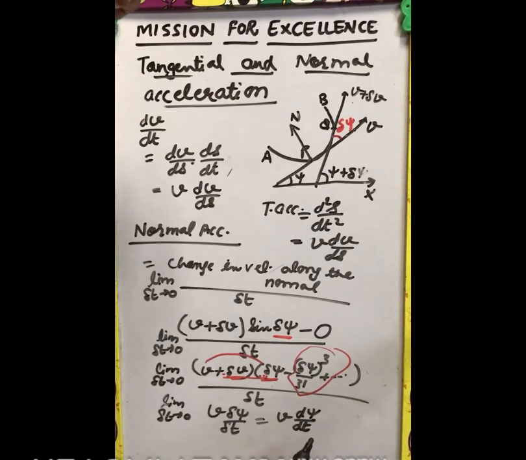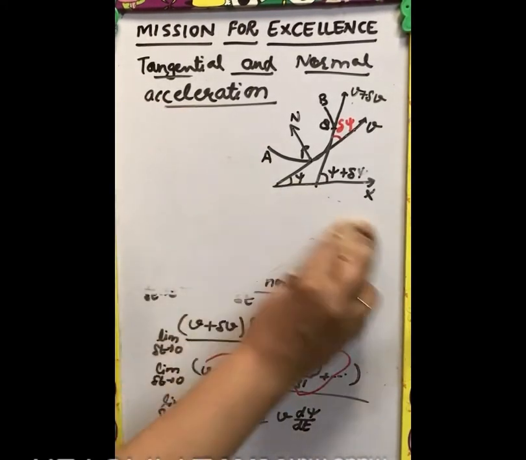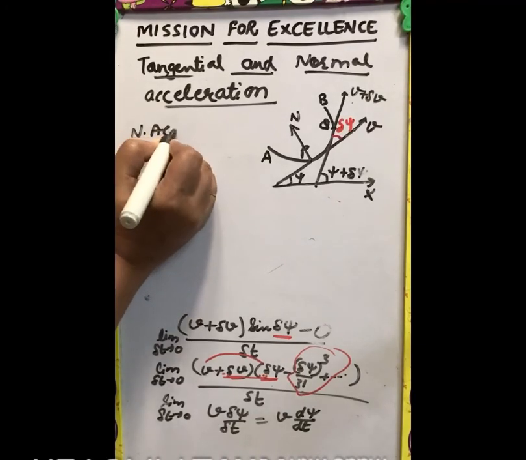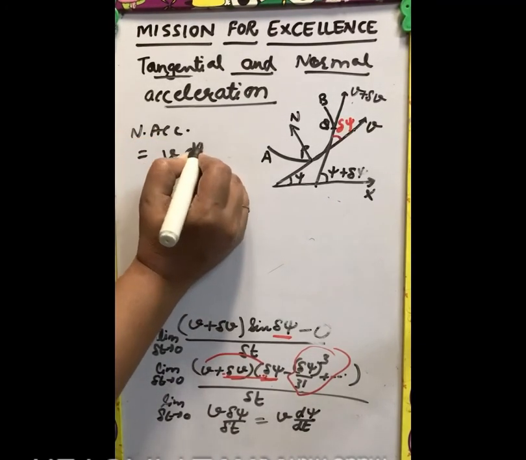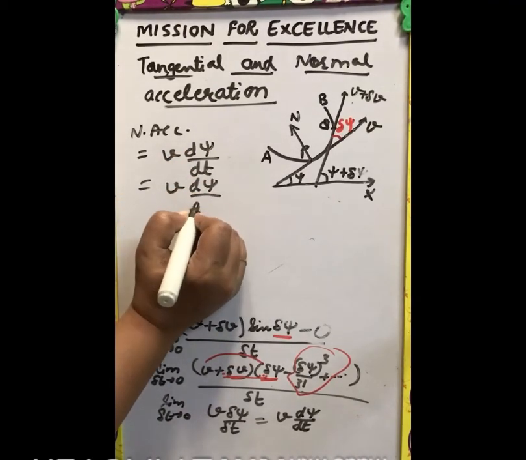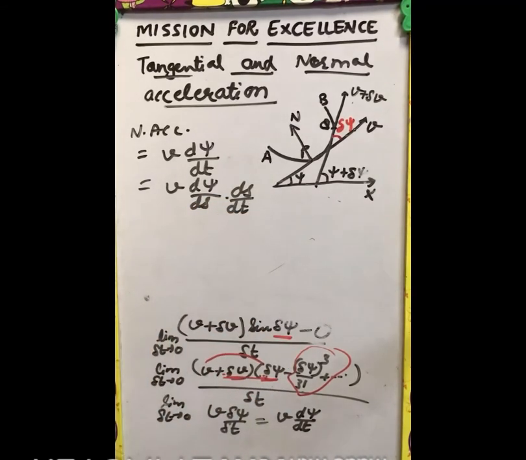So when you multiply and divide by ds, we will write one more expression. Normal acceleration, v d psi by dt we have. When you multiply and divide by ds, then ds by dt will become velocity.